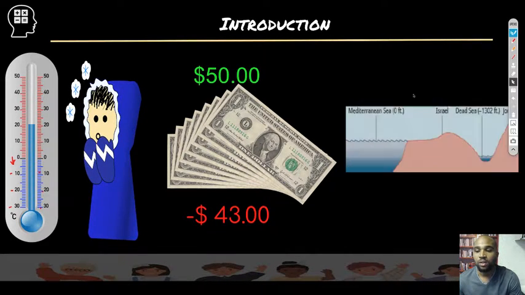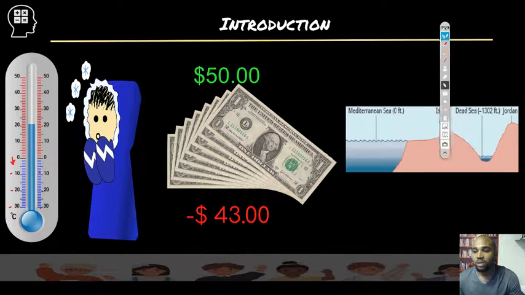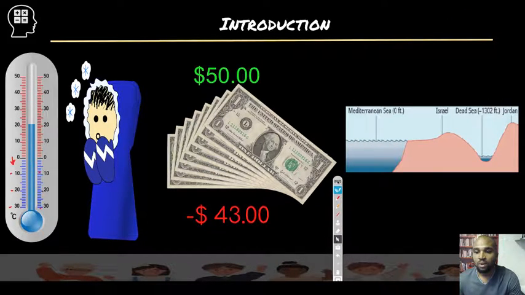But you can also think about negative numbers in this instance where you have sea level. When we talk about the elevation of different terrains, we talk about their relationship to the sea level. We call this sea level right here level 0.